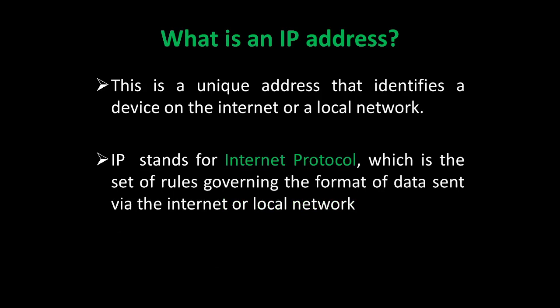IP stands for Internet Protocol, and this is just a set of rules governing the format within which data is going to be sent via the internet or local network. So for data to be moved from one device to another, it must observe this Internet Protocol format, and that's why a very unique IP address is important.